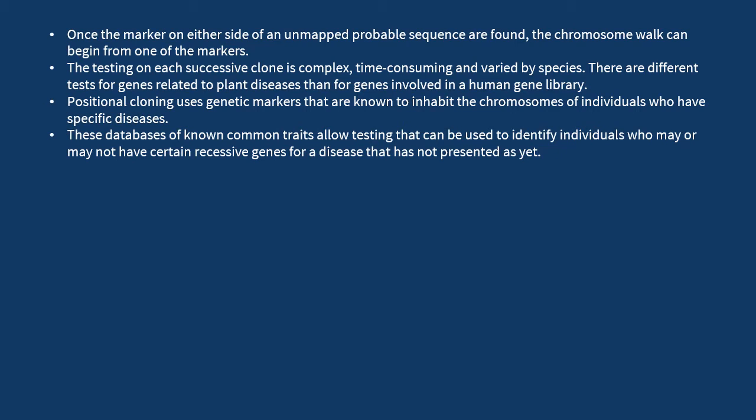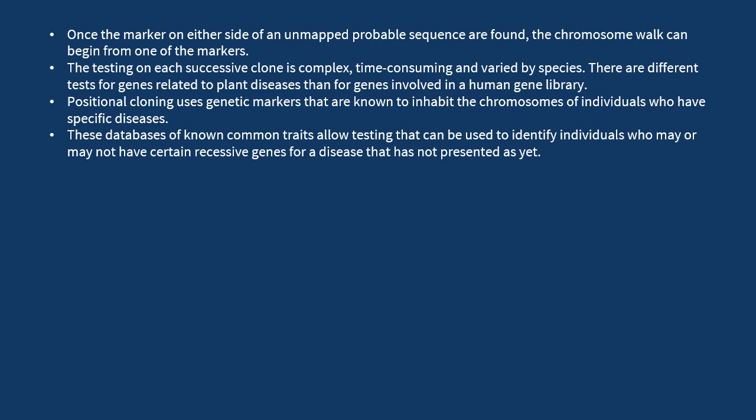So it may happen that you may get the genetic markers, you may have the information for those genetic markers, and you can directly use these markers in your chromosome walking, if you are studying humans and that particular disease has been studied.